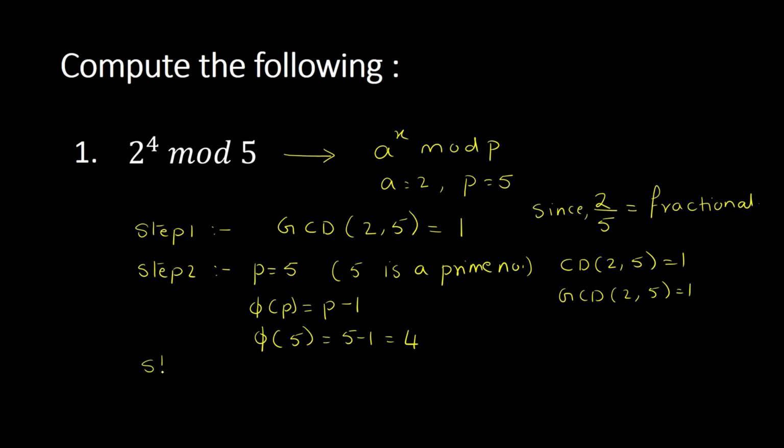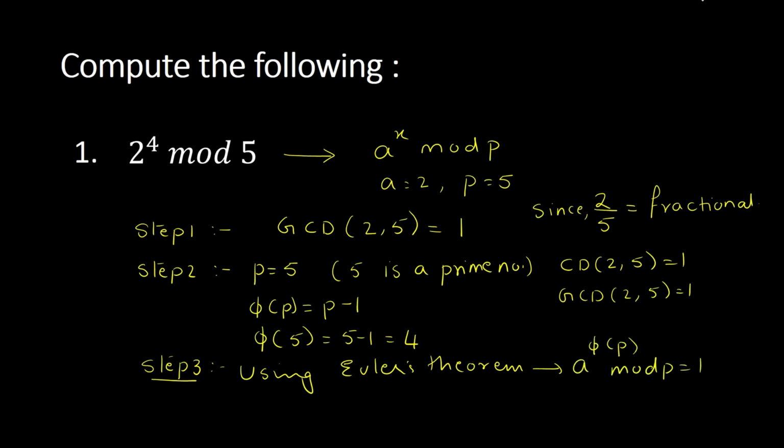And in step 3, we can now directly use Euler's theorem, which states that a raised to phi of p mod p is equal to 1. Therefore, what is a? A is 2. What is phi of p? That is phi of 5, the Euler totient of 5. It is 4. Mod, what is p? P is 5. So 2 raised to 4 mod 5, you need not calculate it using traditional squaring method or any other method.